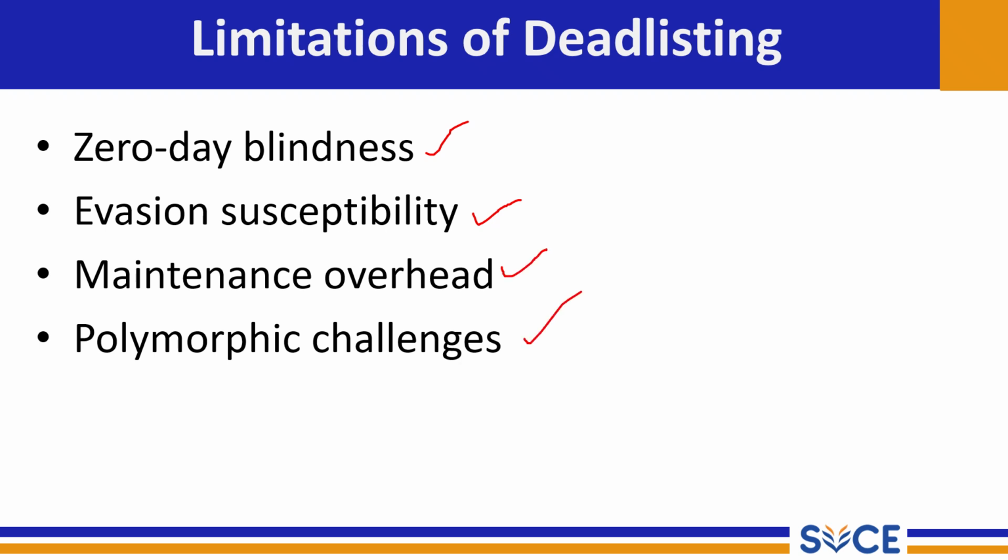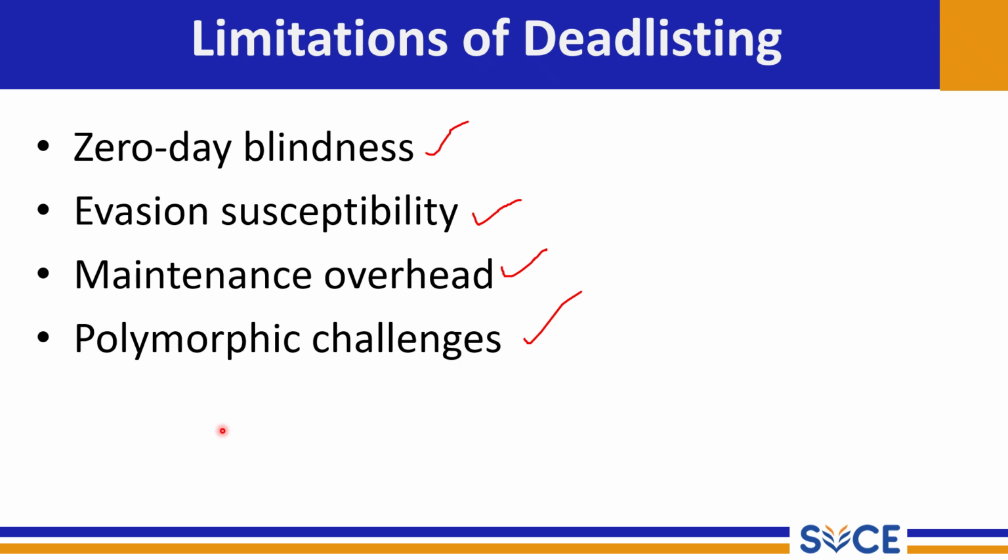So first, 0-day blindness: it cannot detect new or previously unseen threats. Evasion susceptibility: simple modifications to malware can bypass some hash-based detection. Next, maintenance overhead: a list requires constant updates as new threats emerge.